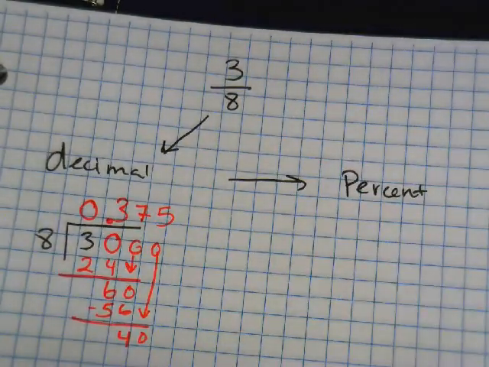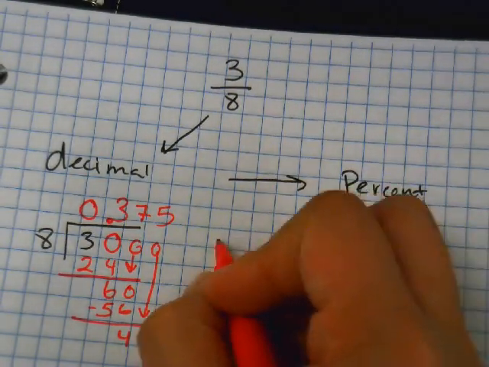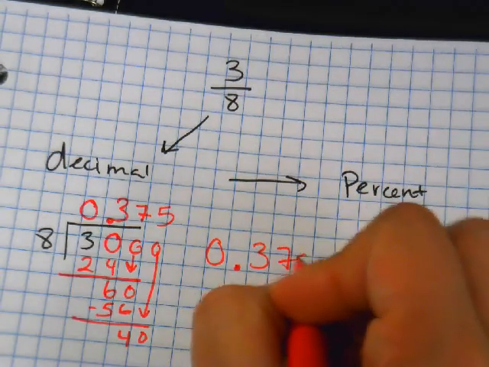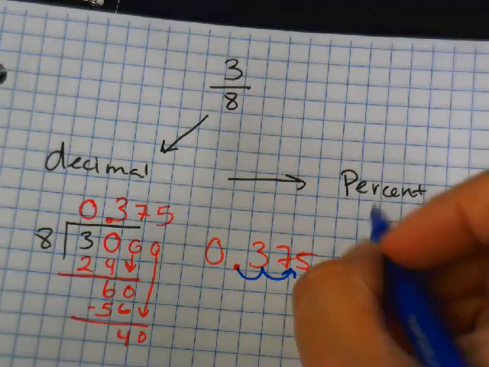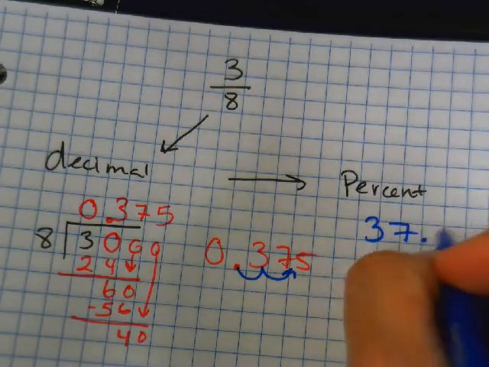Okay, cool. So we have 0.375. How many times do we move it? 2 times. So what's my percent? 37.5.